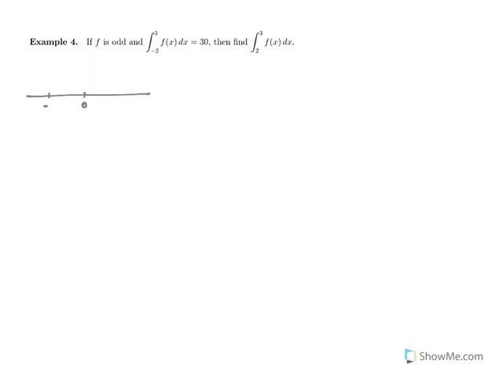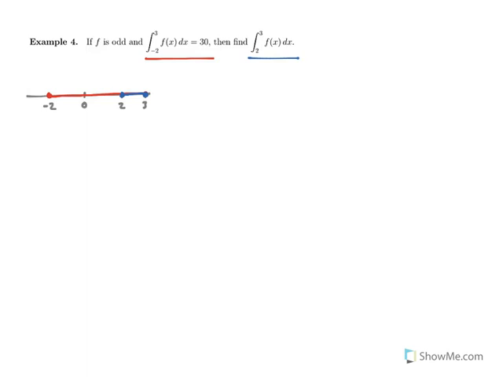We have -2 and 3, and we know that the integral from -2 to 3 of the function is 30, and we want to find the integral from 2 to 3 only.